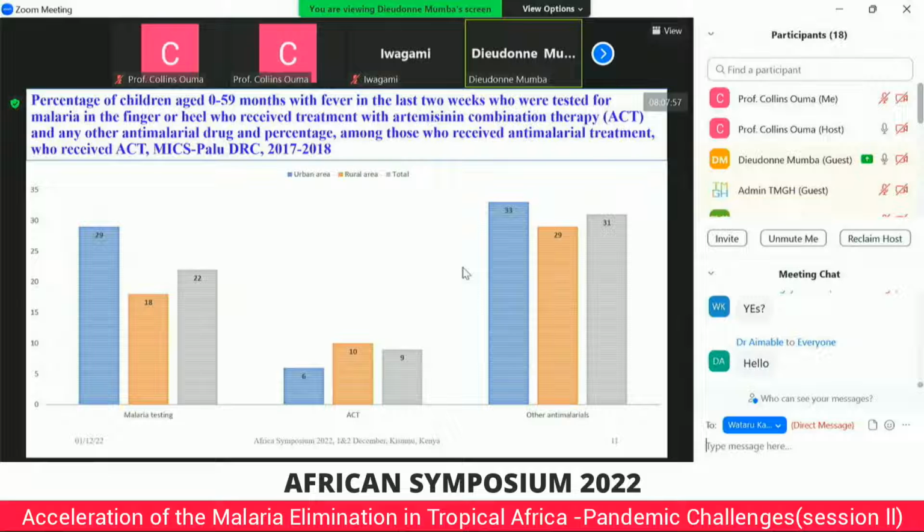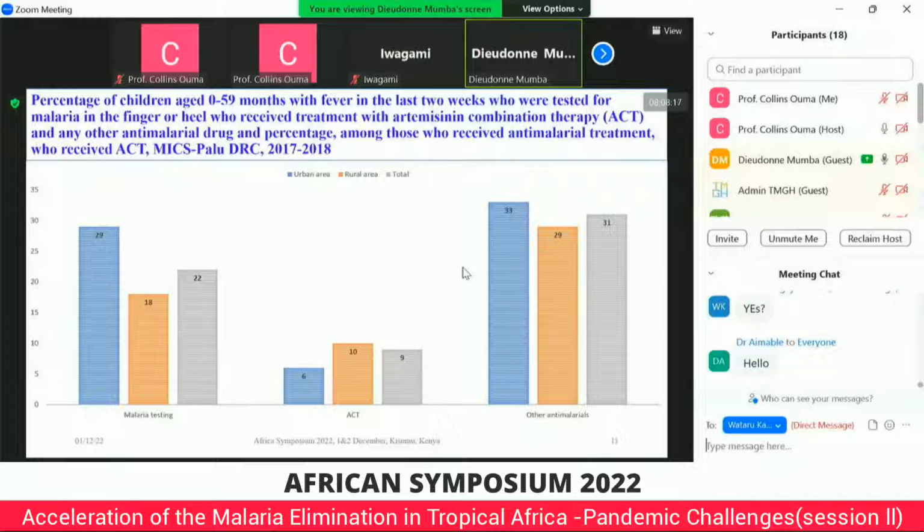And also, the National Malaria Control Program recommends blood testing for any child with a fever. If malaria is present, the healthcare provider should prescribe ACTs as the first line of treatment.